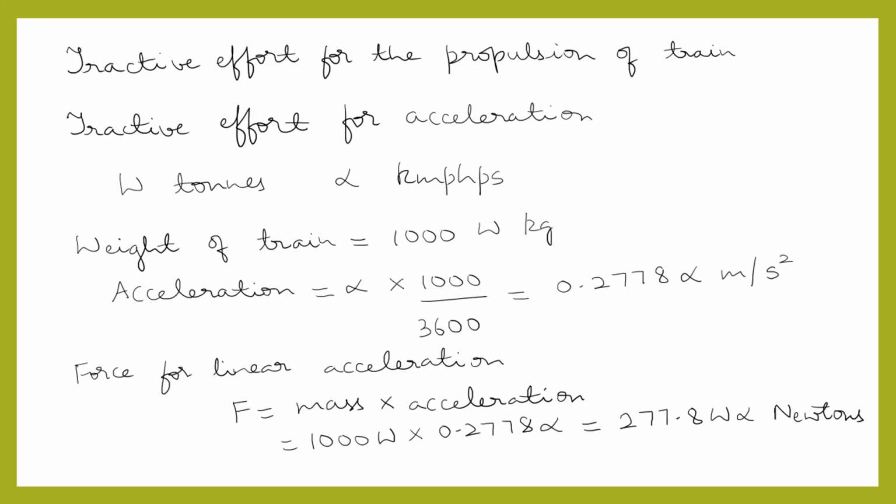When the train is accelerated, the rotating parts will also be accelerated but in an angular direction. Therefore, there is need of additional tractive effort apart from the tractive effort required to produce linear acceleration. For angular acceleration, the moment of inertia of the rotating parts will be considered, which will increase the accelerating weight of the train. So the accelerating weight of the train is normally higher than the dead weight, around 8 to 15%.